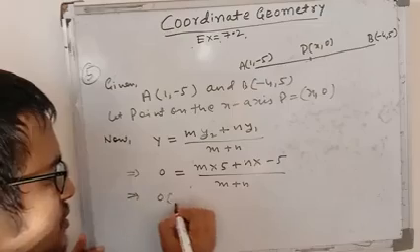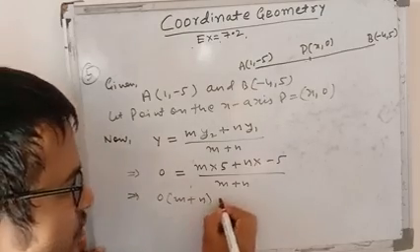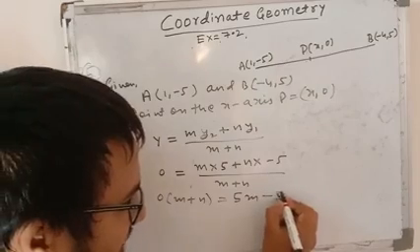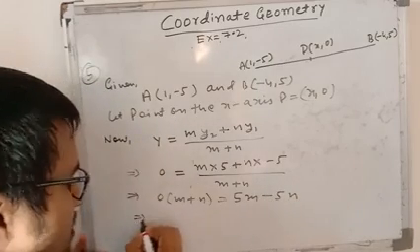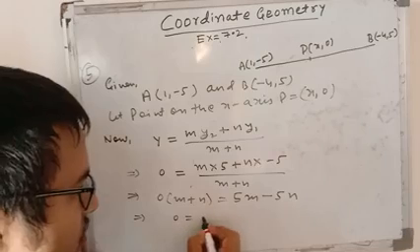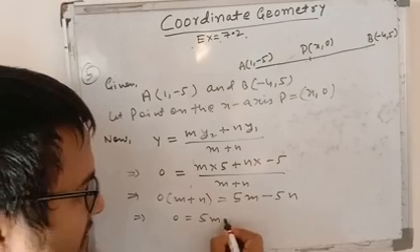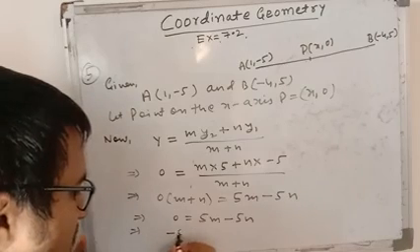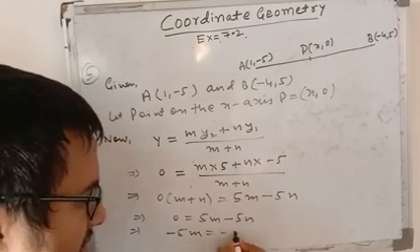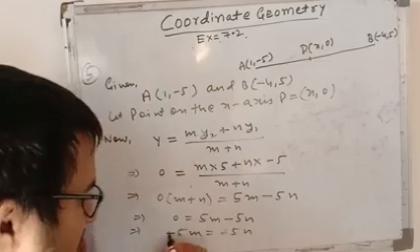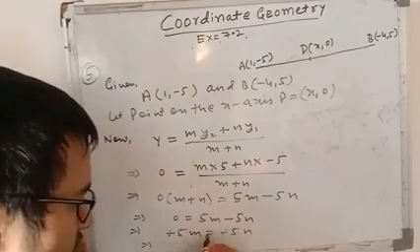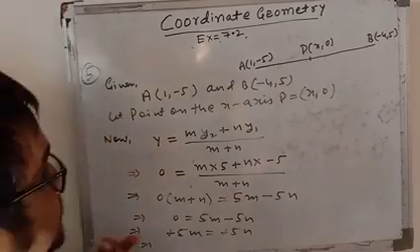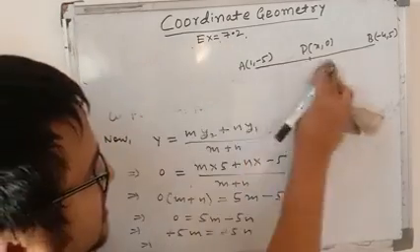So 0 times (m plus n) equals 5m minus 5n, so 5m equals 5n. The 5s cancel.